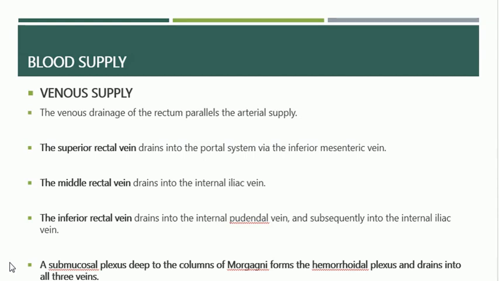So that was the submucosal plexus deep to the columns of Morgagni, which are located in the anal canal. They form the hemorrhoidal plexuses, and these drain into all three rectal veins.